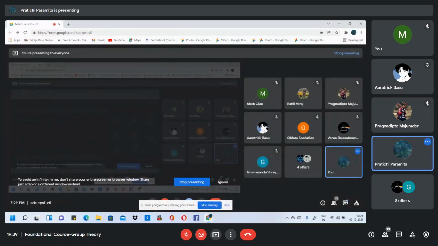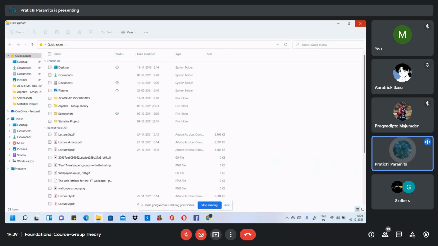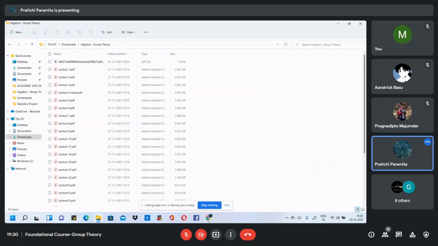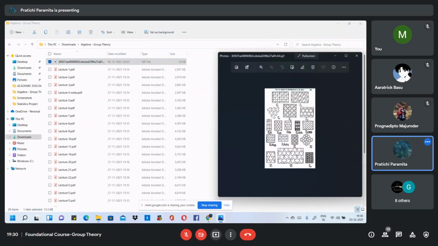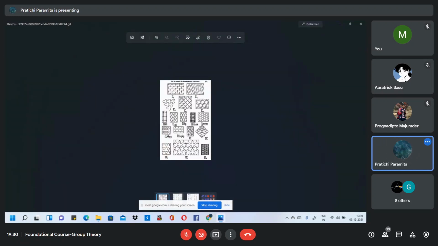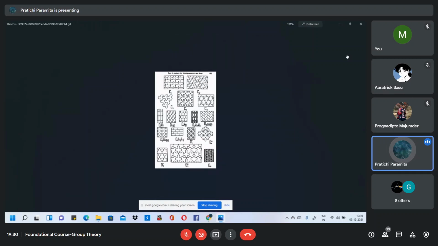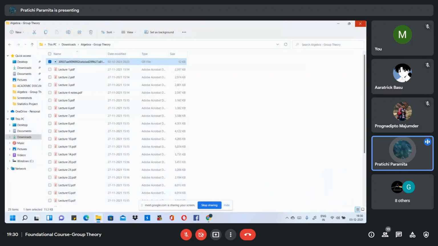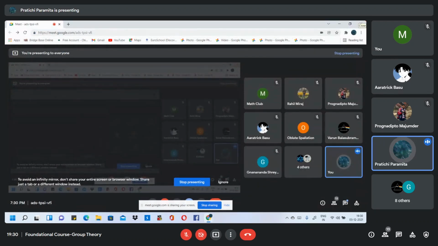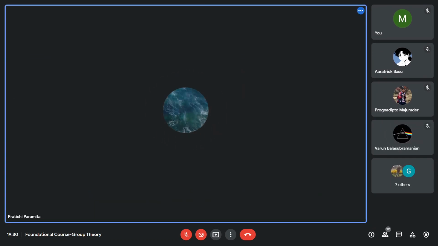Let me check if I have those 17. Yeah. So any pattern that you see belongs to only one of these. I'll end with this note about symmetric groups.